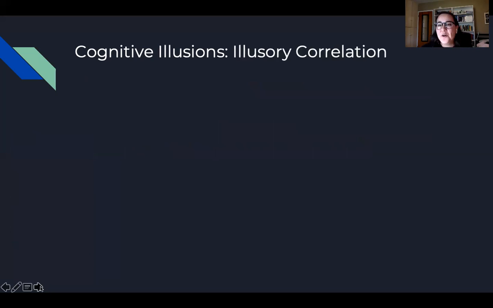Okay, so now we are going to move on to the next cognitive illusion that we're going to talk about. So again, let's start with another hypothetical example. Let's say that you and a friend, both of you are psych majors, and you start noticing that students around campus are displaying a certain behavioral pattern that you and your friends start to call hair twisting.